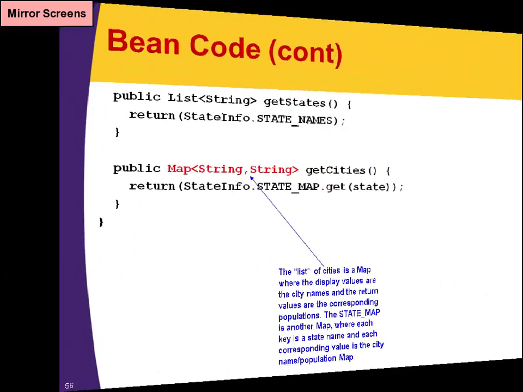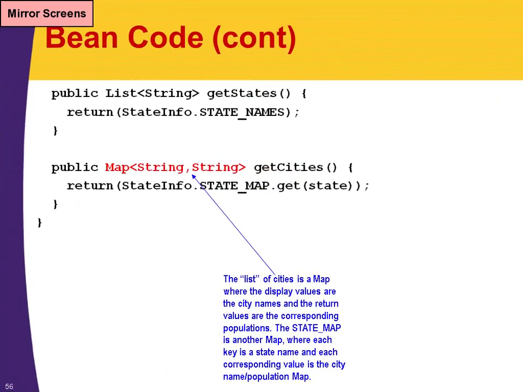Okay, let's see. And here you'll see that the cities, for example, are a map. Because usually, don't forget, in these widgets which allow you to pick from things, typically there are two values. There's the value that the person sees in the list that's visible, and then there's the value that gets returned if they pick it.